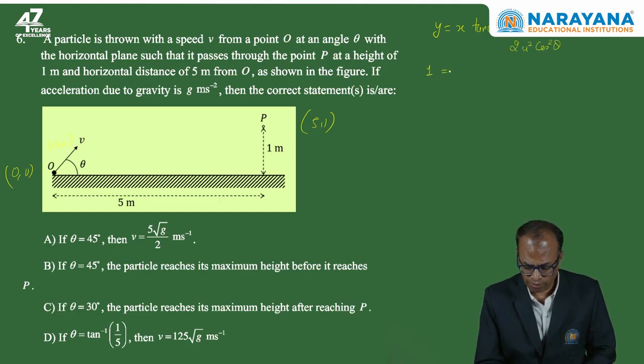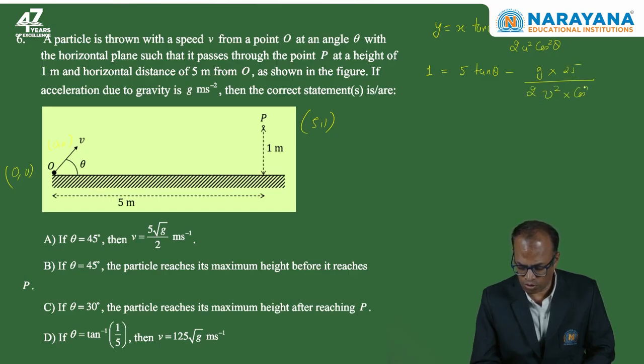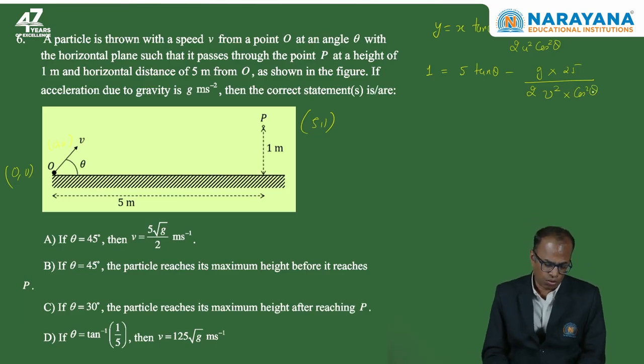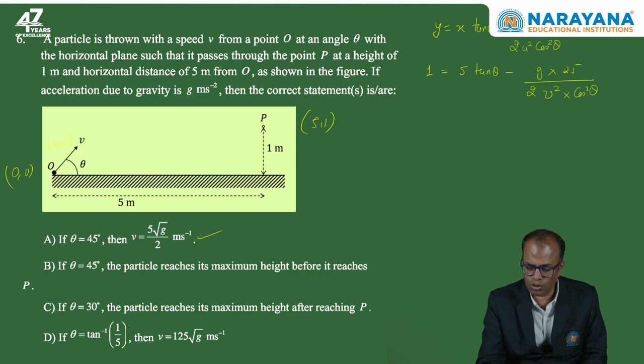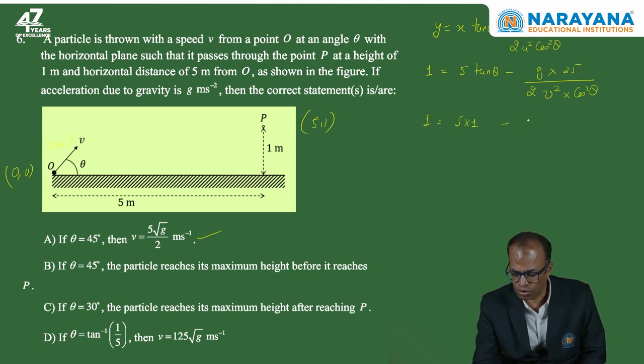We'll put y as 1, x as 5 times tan theta minus g times 5 squared, 25, upon 2 v squared times cos squared theta. Okay, so I have to check if theta is 45, then v is 5 root g by 2. So put theta equal to 45. 1 is equal to 5 times 1 minus g into 25 by v squared cos squared 45, which is 1 by 2, so the 2 cancels. So 5 minus 1, 4.